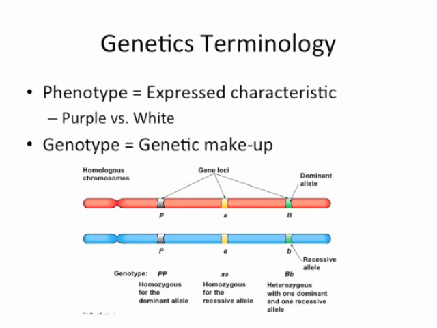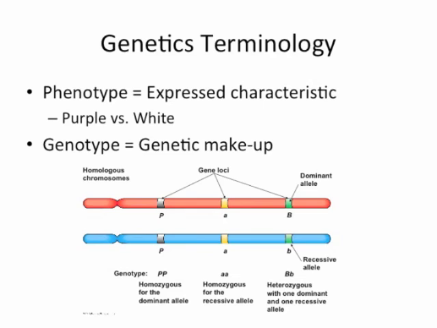So the reason why 2 copies is homologous chromosomes, right? So you have 2 copies of each chromosome. You could have gotten a purple from both parents. You could have gotten a white from both parents, or you could have gotten a purple from one and a white from the other.